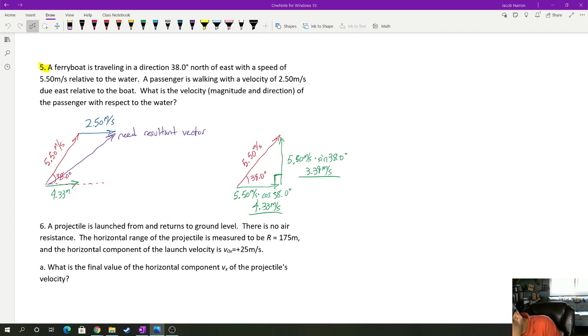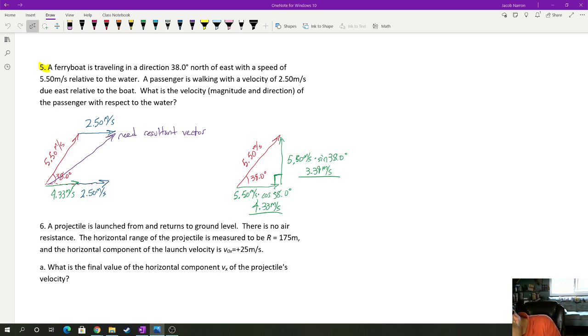And I can go ahead and bring down this vector now of 2.50 meters per second and put it in the right place. The reason it is okay to just add 4.33 and 2.5 together is because they're pointing in the same direction, which is the positive x, and because of that, we can just add them. This is okay to just add, nothing fancy.